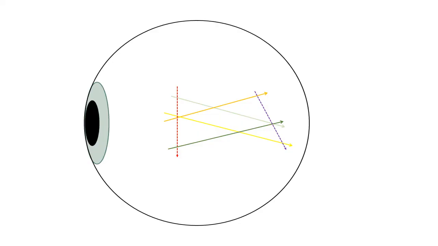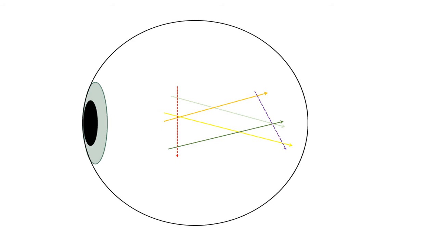Okay, here I have the conoid represented in a slightly different way, but you can see it's that area in between the two focal lines, the red and purple dash line. And in this case, both of them are in front of the retina. And we already know that that means that this patient has compound myopic astigmatism.